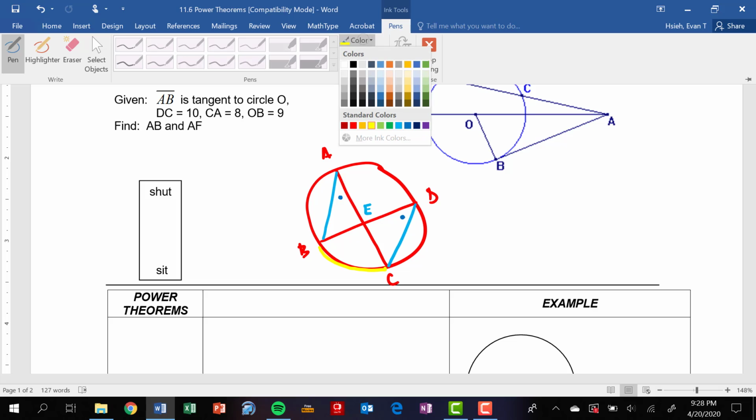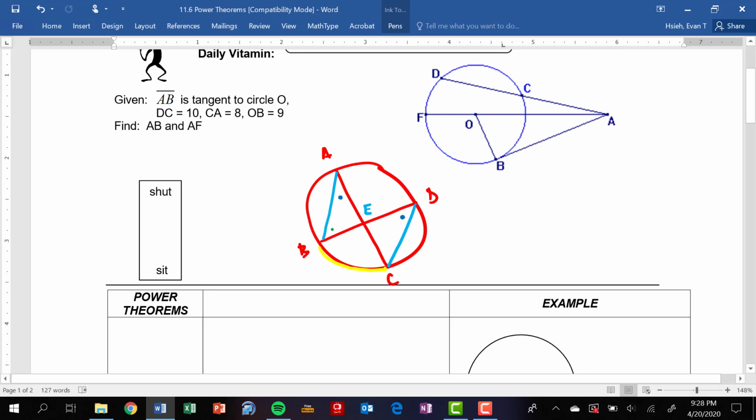And the same thing goes for these 2 angles right here and here, because they also intercept the same arc AD right there. And so because of that, you can see that triangle ABE is similar to triangle DCE.